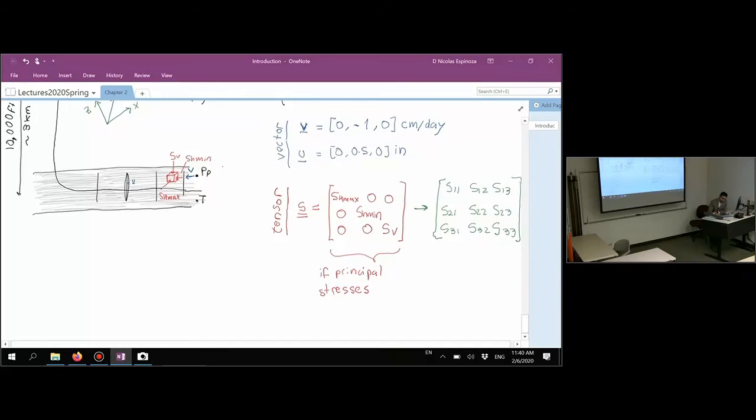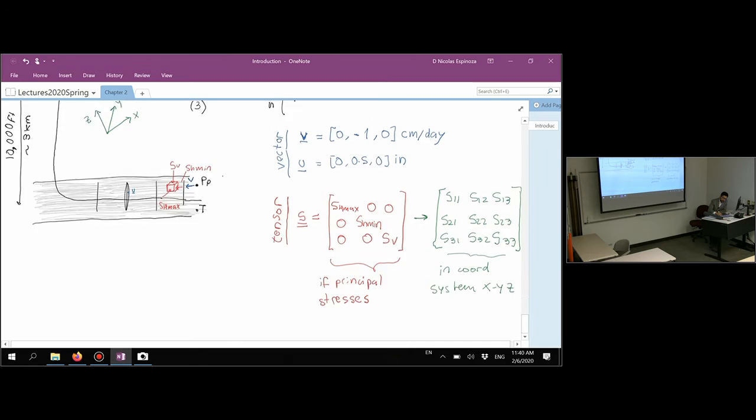And this is going to be in coordinate system X, Y, Z.